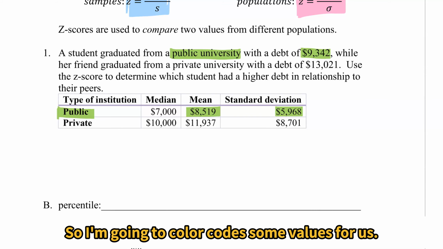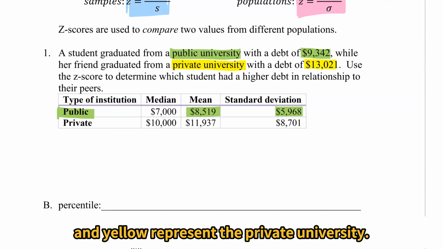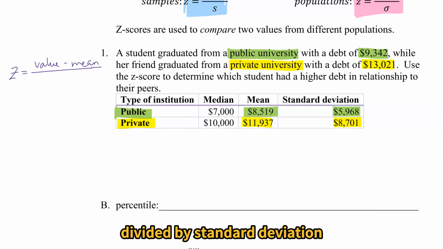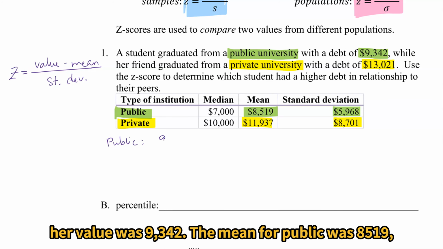So I'm going to color code some values for us. We'll let green represent the public university and yellow represent the private university. And I have this formula for a z-score, value minus mean divided by standard deviation. So for our public university student, her value was 9,342.